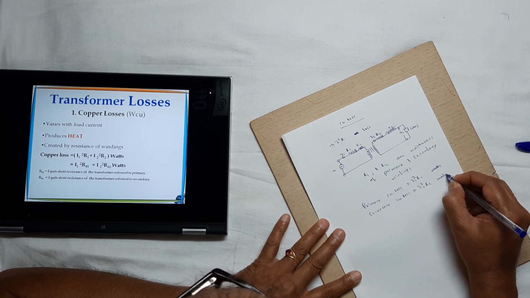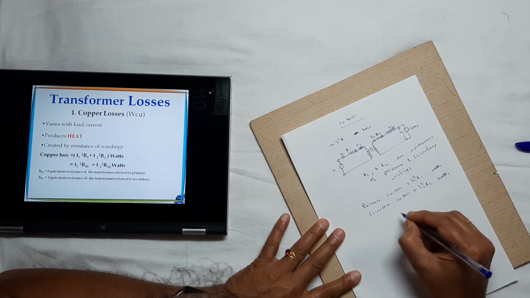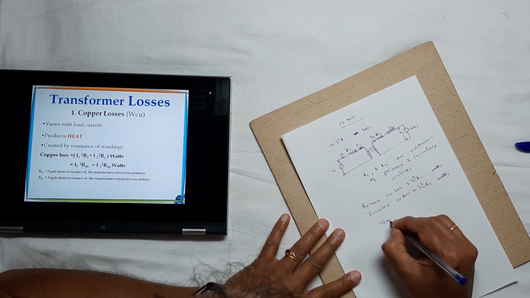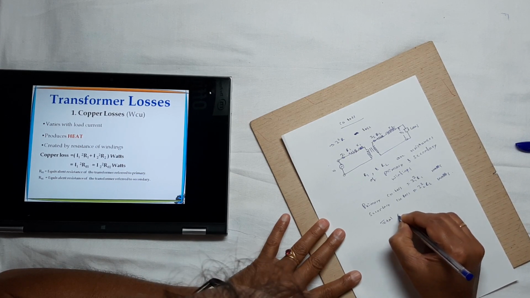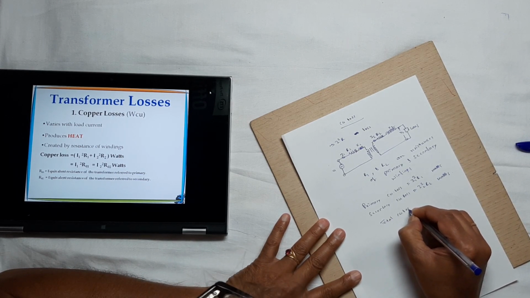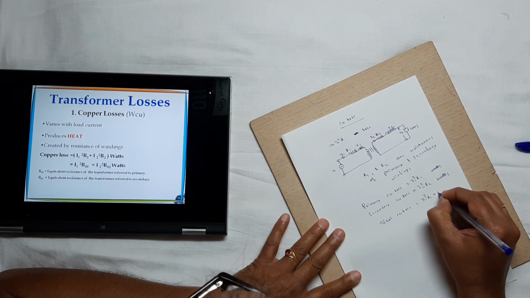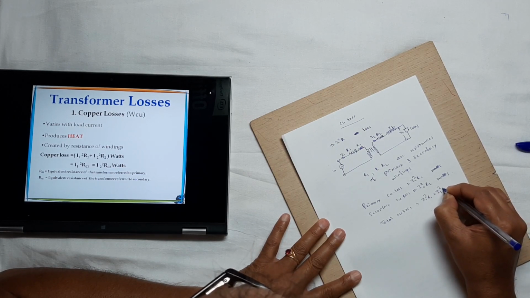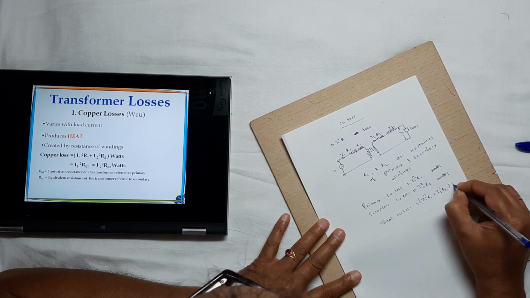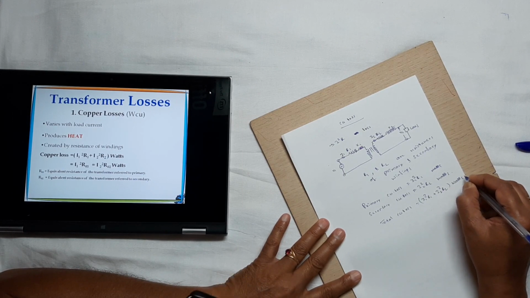Then what is the total copper loss? The total copper loss is equal to the sum of these two losses, I1 square R1 plus I2 square R2, so many watts. This is the total copper loss.